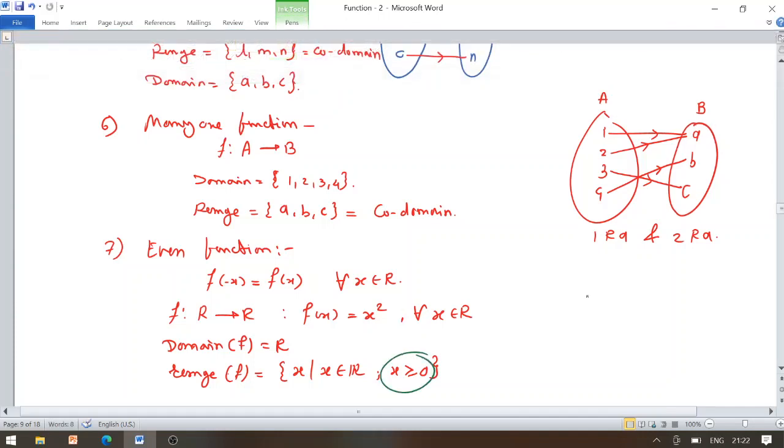Because 0 squared becomes 0, while any negative value squared becomes a positive number. Keep in mind, you may take any real number here, and it gives us a positive value. So the range set is the set of all x's such that x belongs to the real numbers, provided we have one more condition, that x is always greater than or equal to 0.